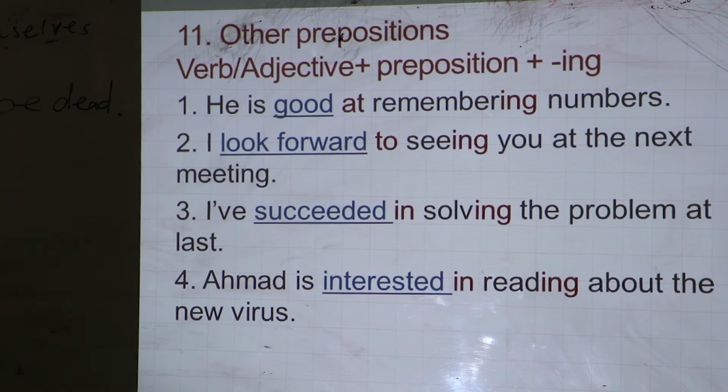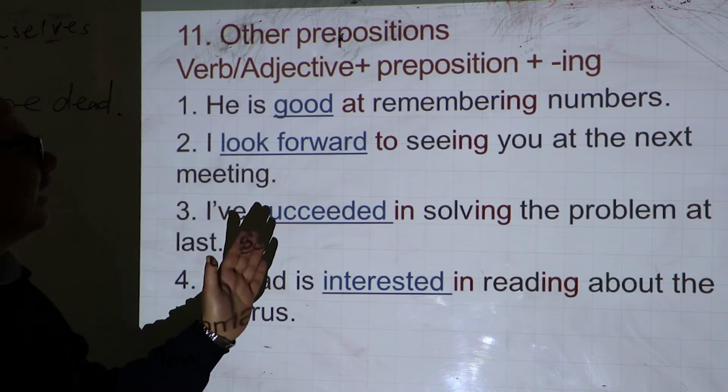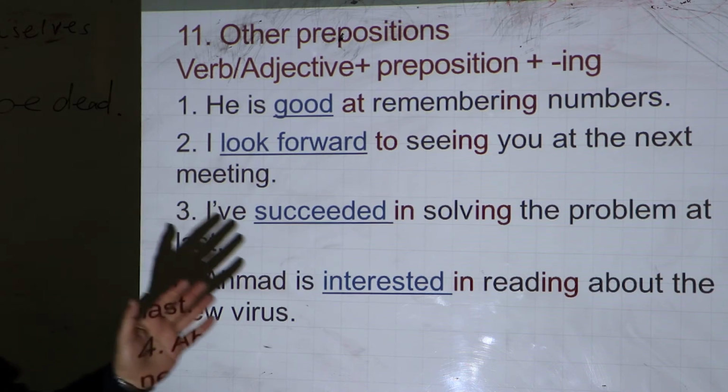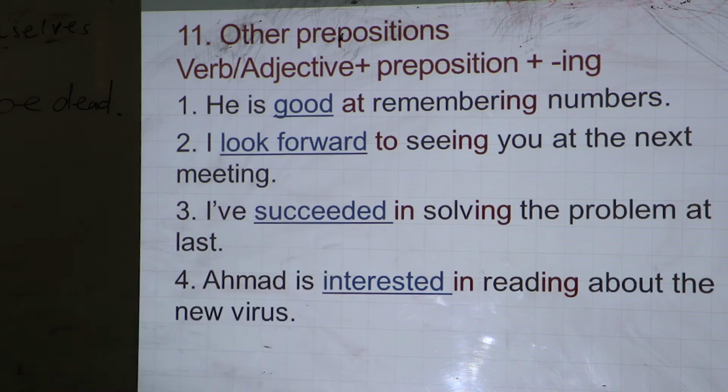So all these four sentences have either an adjective or a verb followed by a preposition, then the ing form. Good at, look forward to, succeed in, interested in.